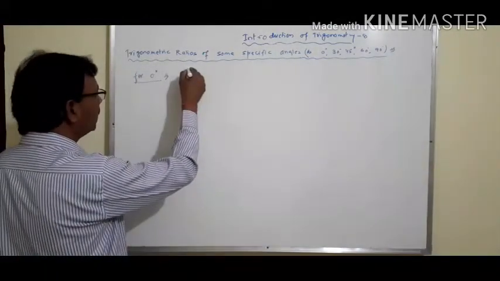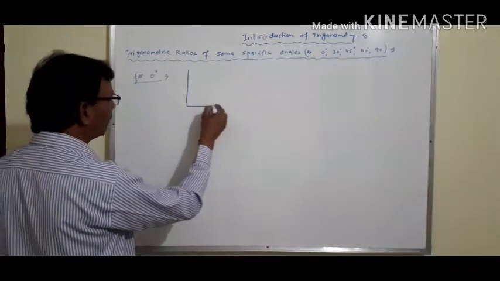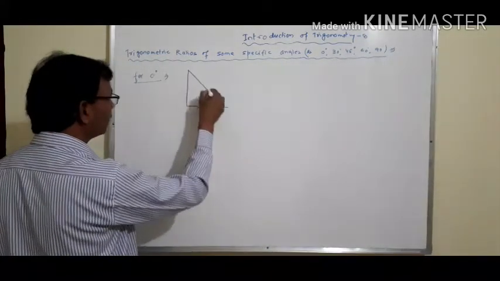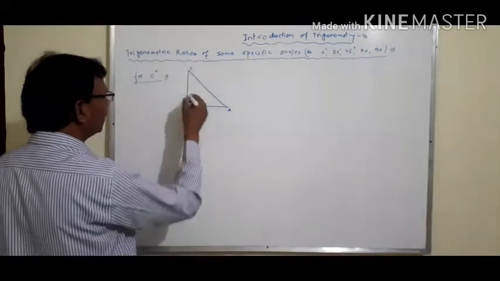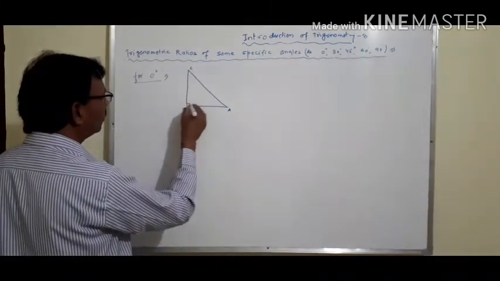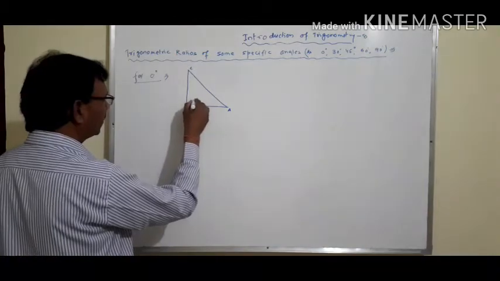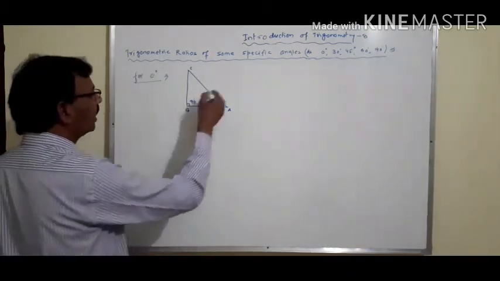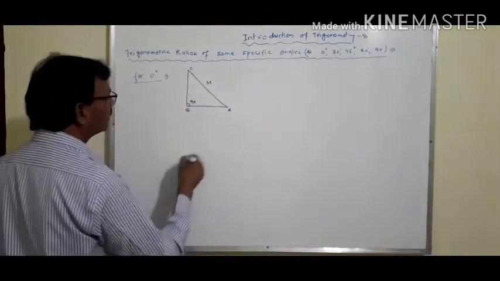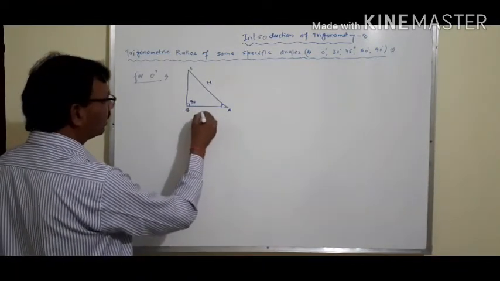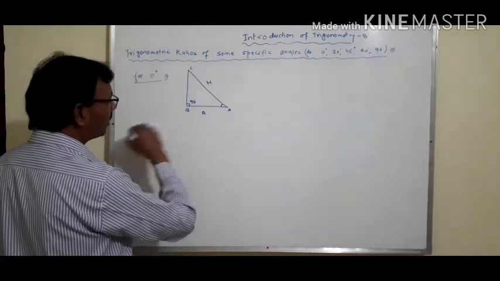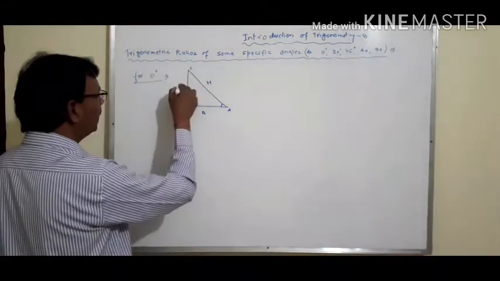For this we take a right angle triangle ABC in which angle B equals 90 degrees. So AC will be the hypotenuse, AB will be the base and BC will be the perpendicular.